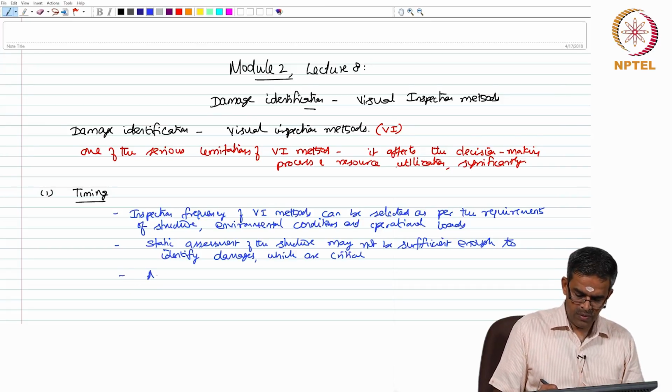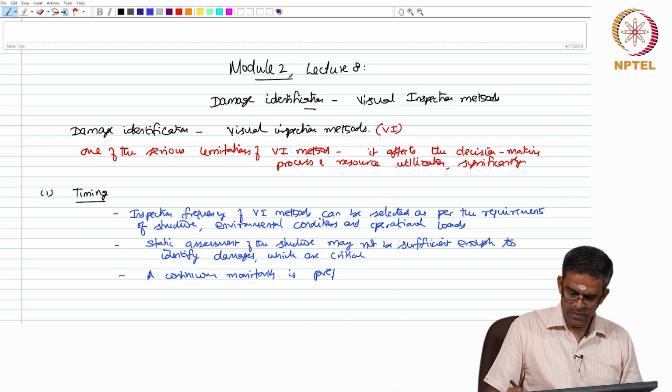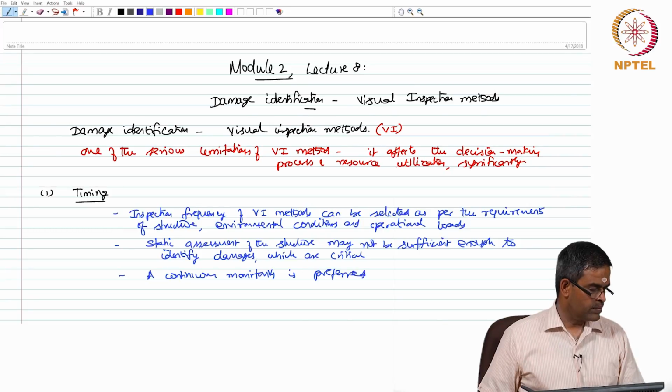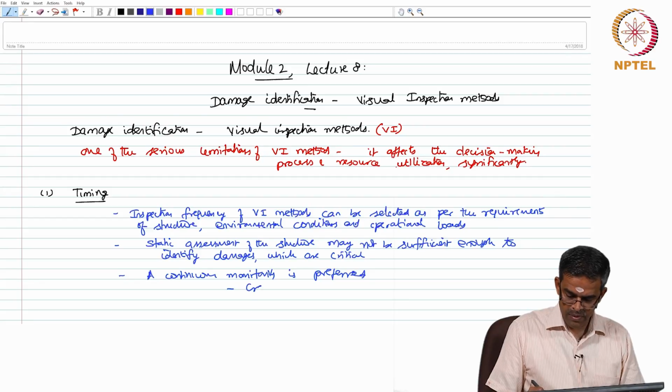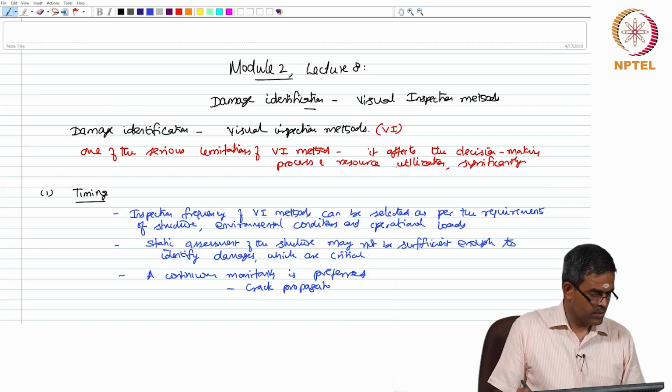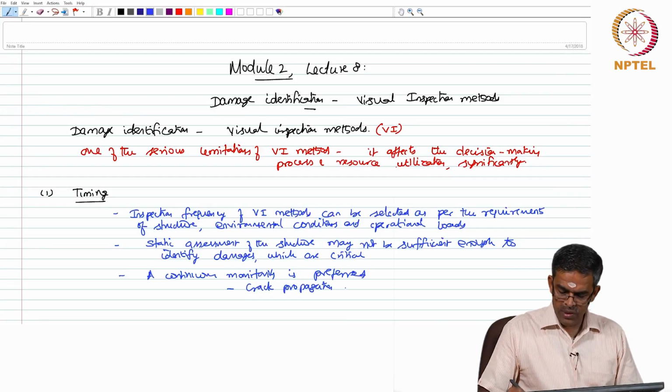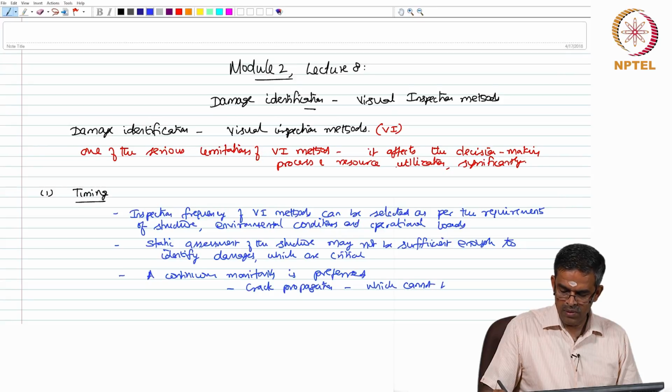Therefore, a continuous monitoring is preferred. For example, crack propagation which cannot be captured by visual inspection tools.